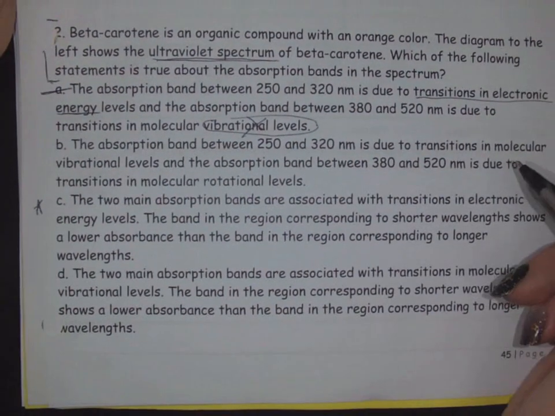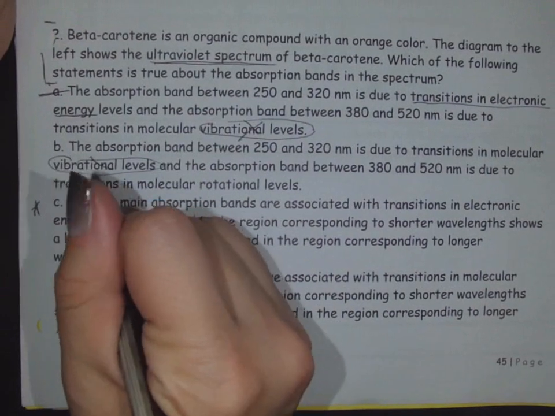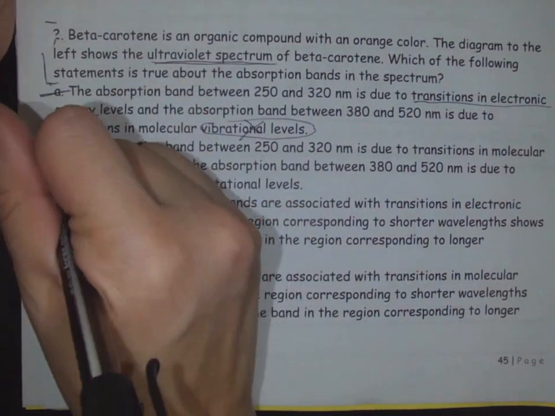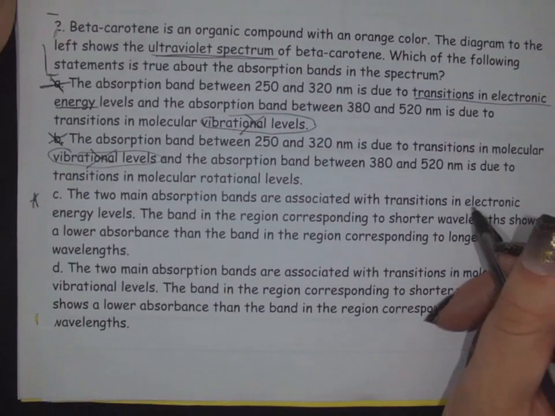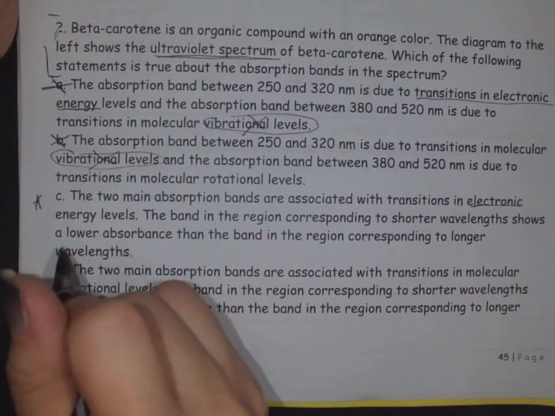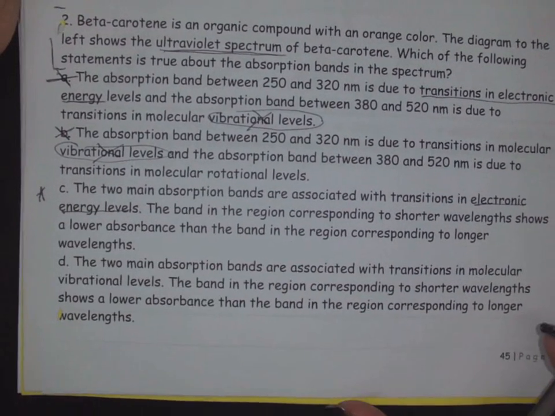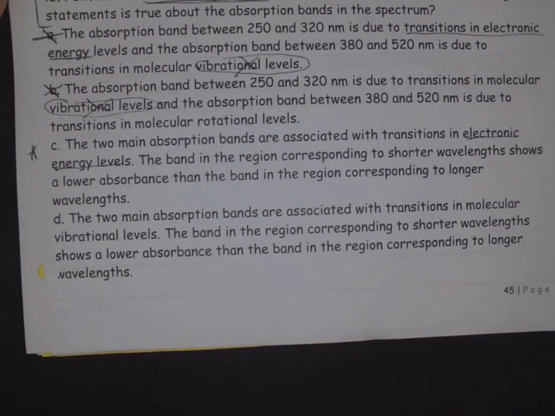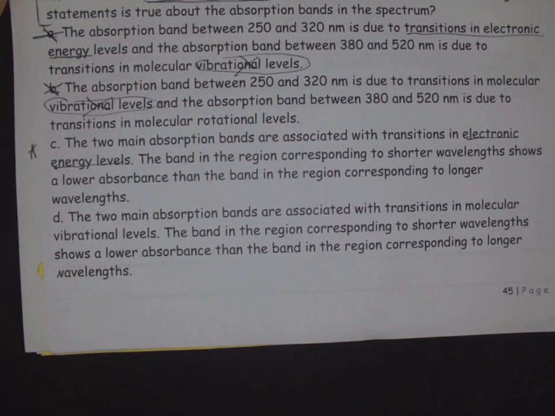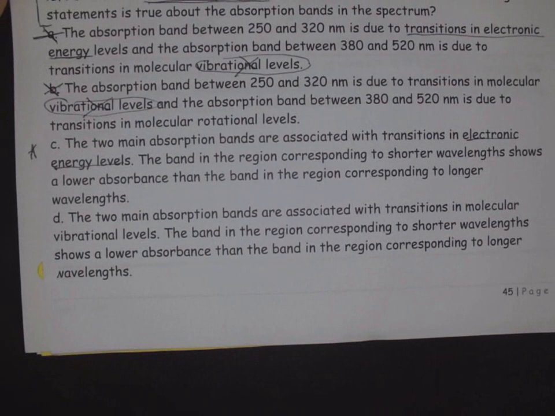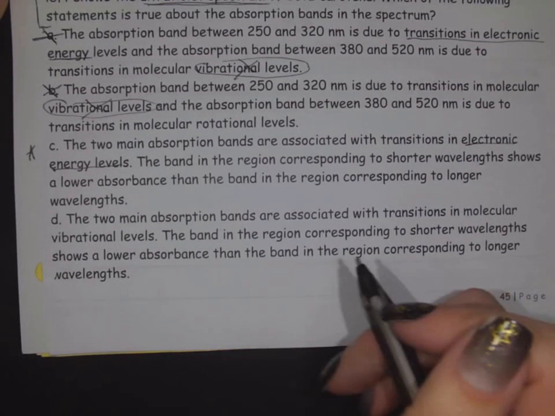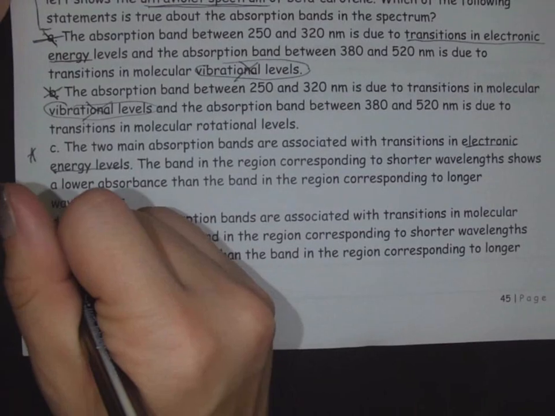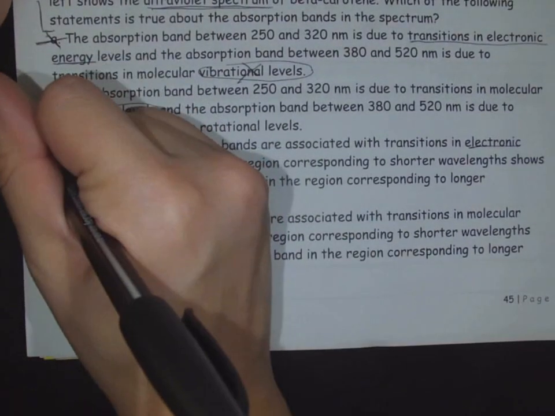Same here, it talked about vibrational, and I go, nope, it can't be it. C only talked about electron energy levels, so I go, yeah, maybe. And then D, the two main absorption bands are associated with transitions in molecular vibrational levels. Nope, not vibrational. Correct answer is C.